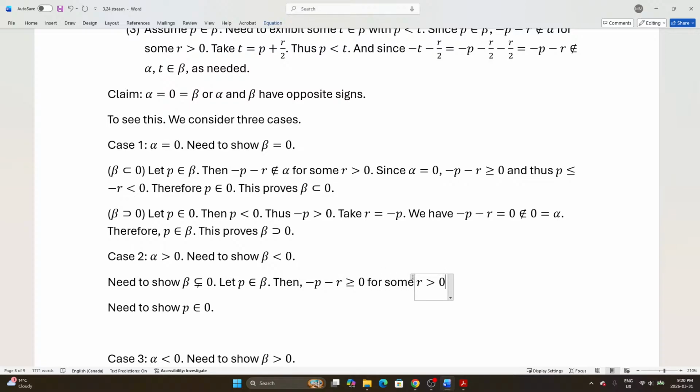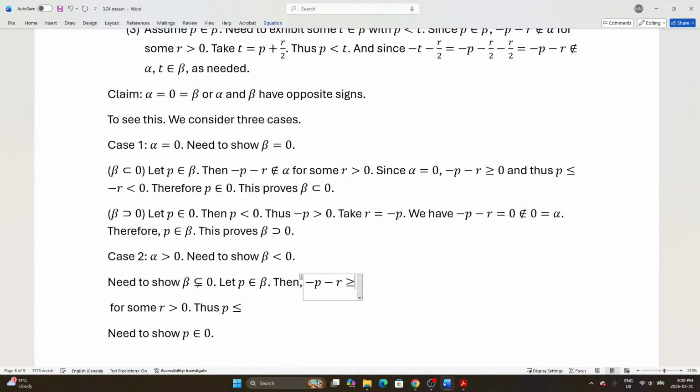So what does that mean? Oh, actually this is not a good idea because alpha has changed. I cannot use what's earlier here.